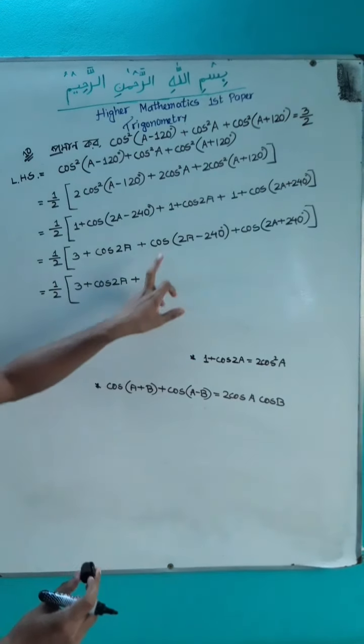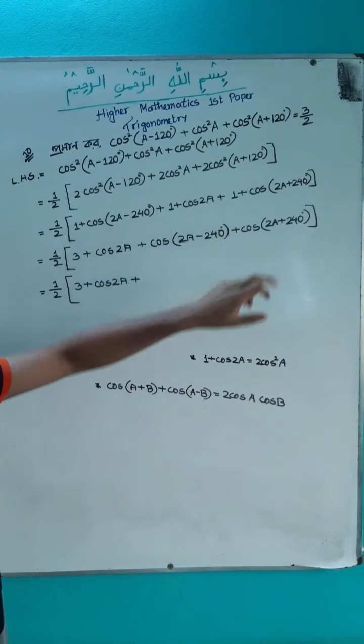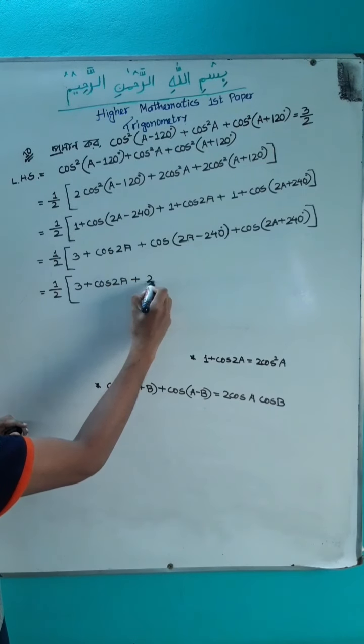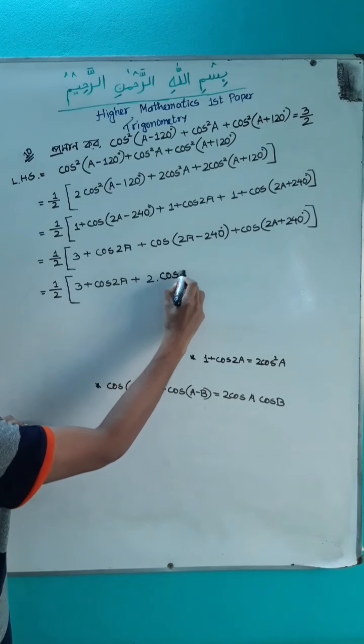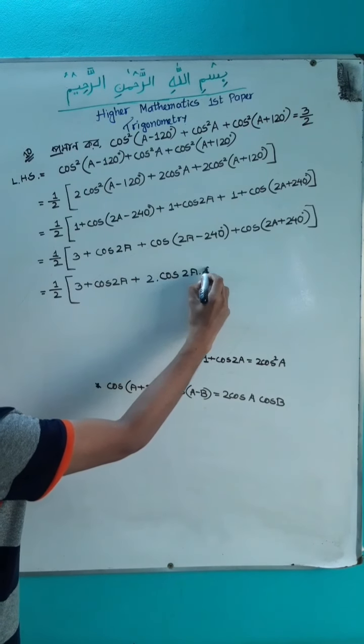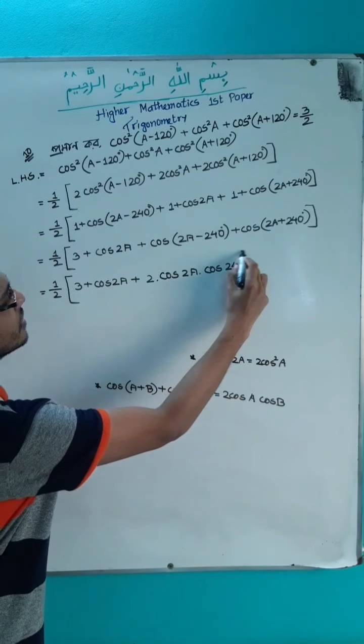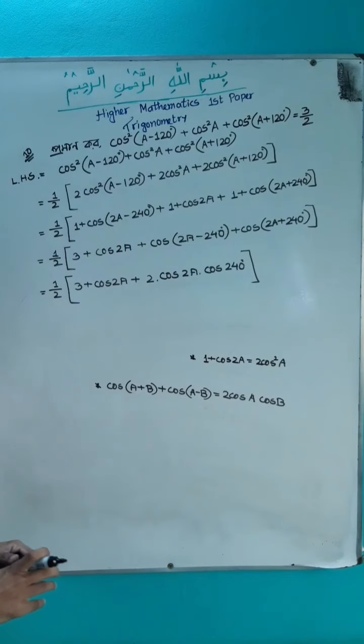So cos(a minus b) plus cos(a plus b) will be equal to 2 cos a cos b. That means 2 cos 2a into cos 240 degrees.